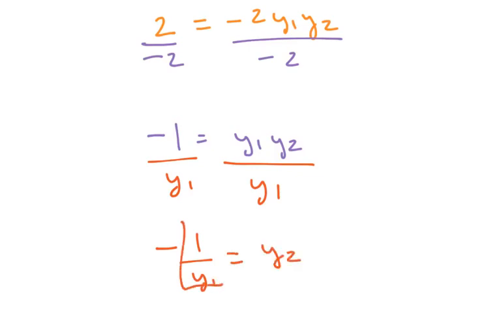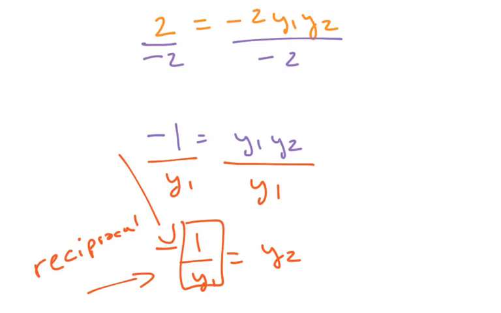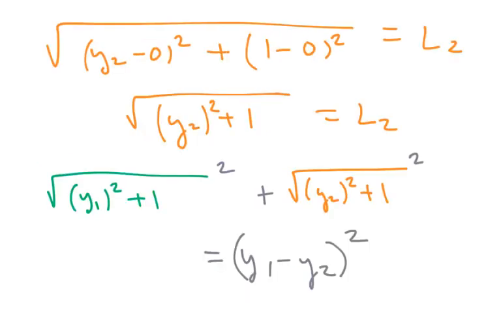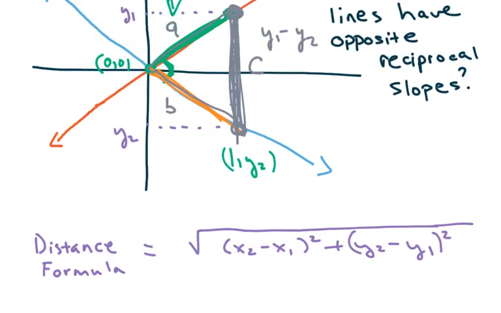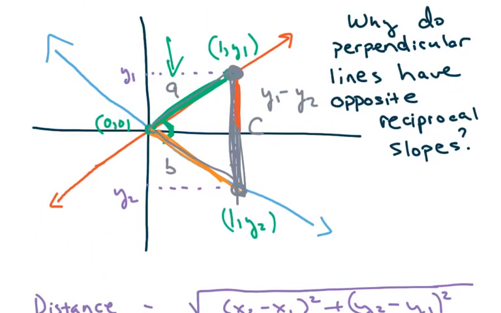And 1 over something means reciprocal. The negative sign means opposite. So we have opposite reciprocal. Keep in mind also that the distance from the original problem here, this distance and this distance are actually the same. So there you have it.